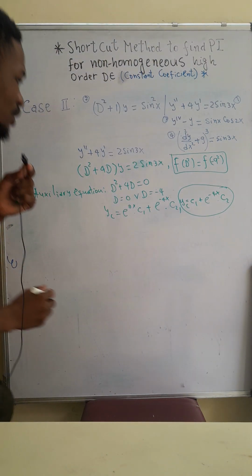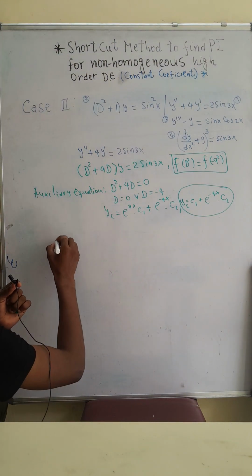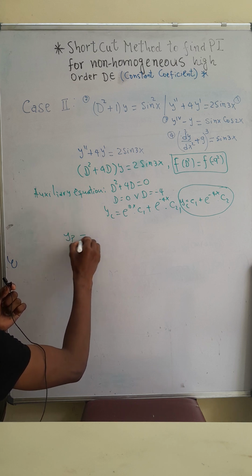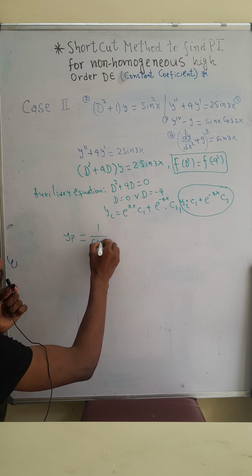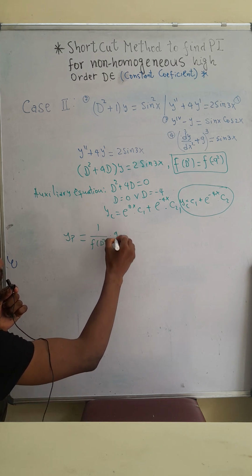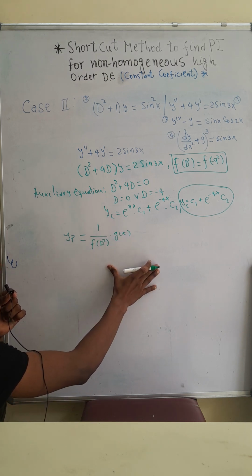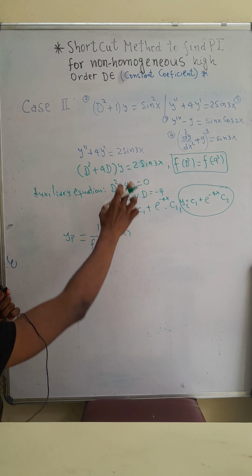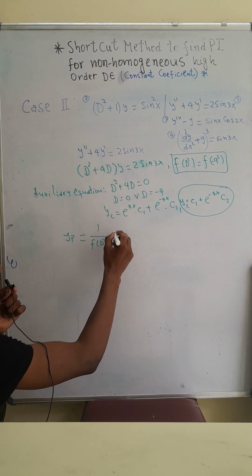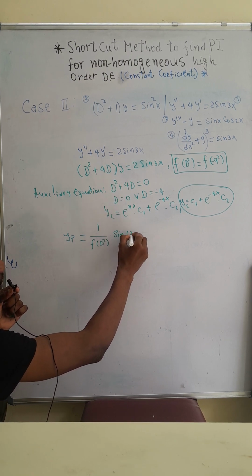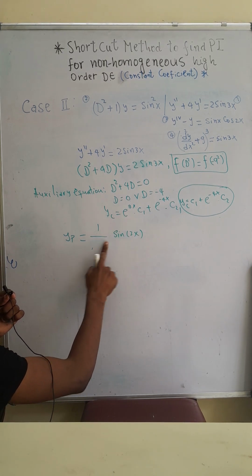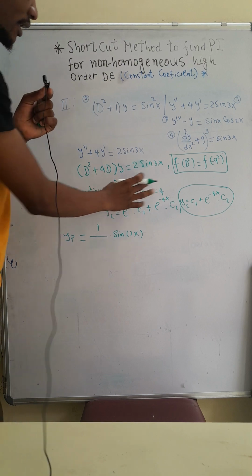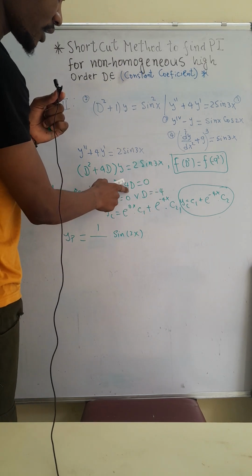Now let us find yp. As we know, yp will be 1 upon f of d squared times g of x, and g of x is sinus of 3x. Now look at the auxiliary equation, d squared plus 4d.